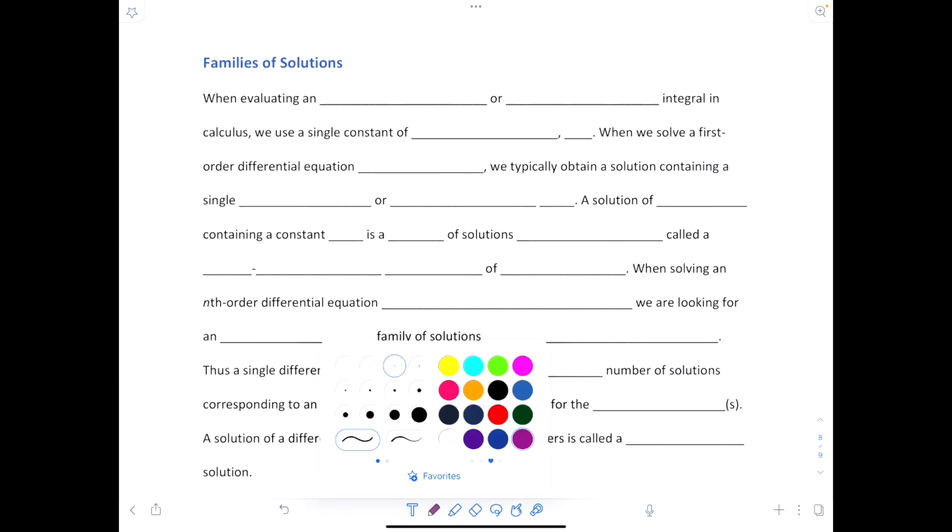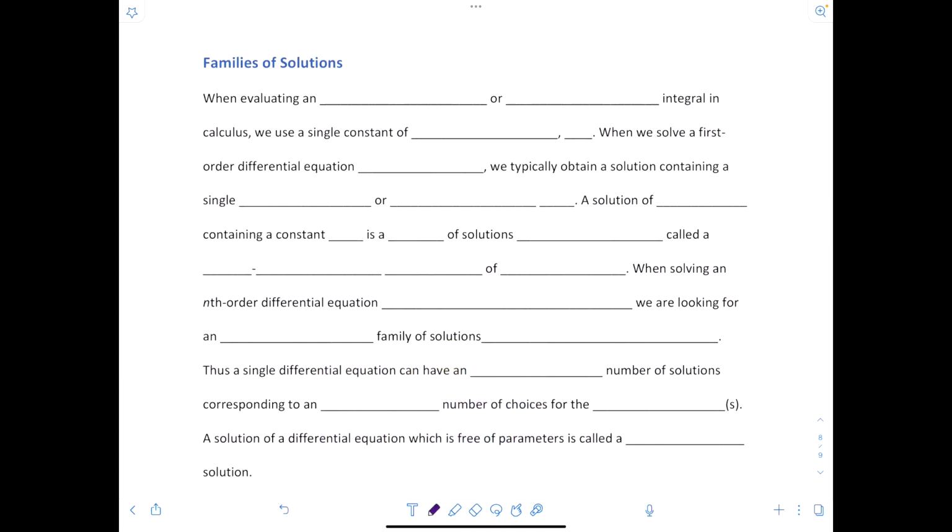And now let's check out families of solutions. When evaluating an antiderivative, or indefinite integral, it's really finding an indefinite integral.